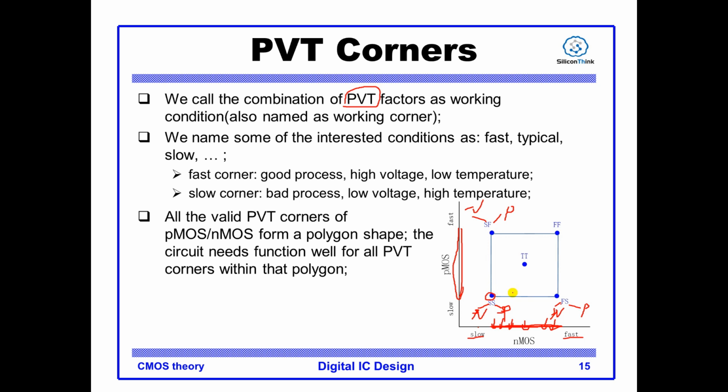The PVT conditions within this rectangle are all the conditions that our chip must work well. And the PVT conditions outside this rectangle, such as this area, are out of the working range of our chip. So your chip function can fail for this working condition.